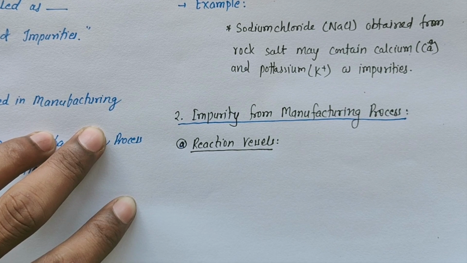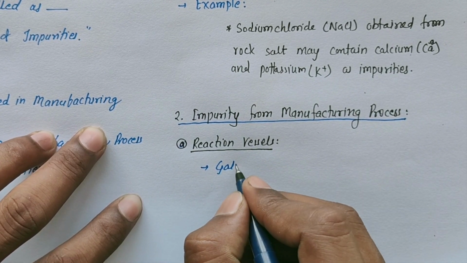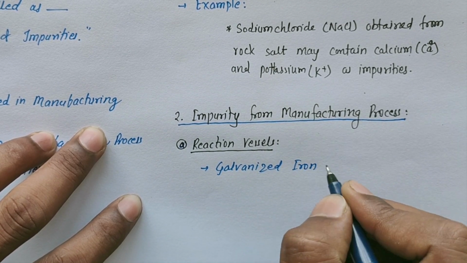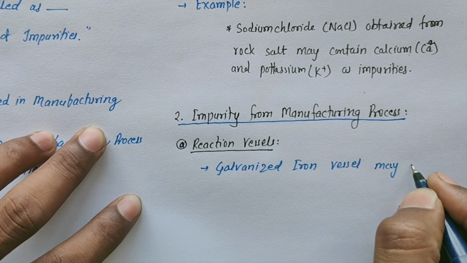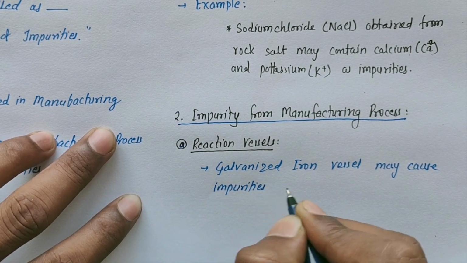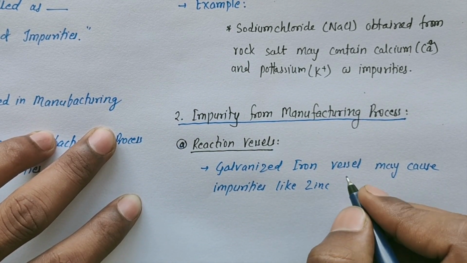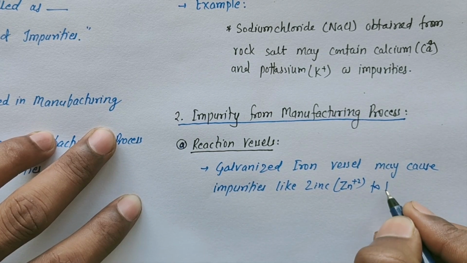As for example, a galvanized iron vessel may cause impurities like zinc in the final product.